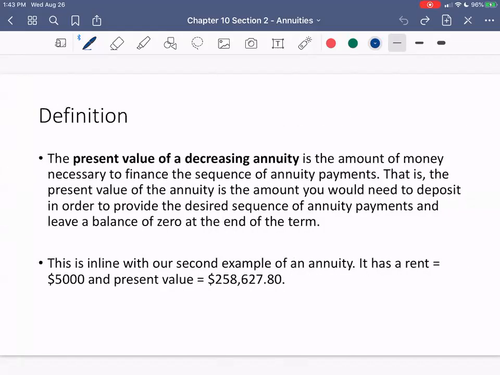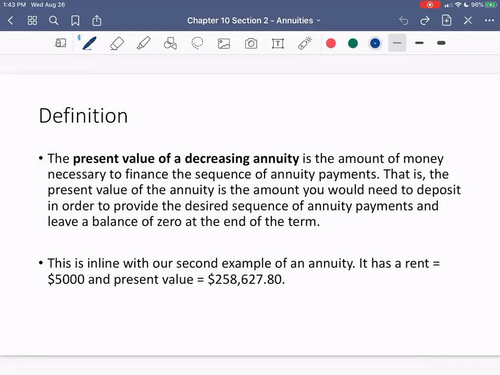Let's clear up the next definition. The present value of a decreasing annuity is the amount of money necessary to finance a sequence of annuity payments. That is, the present value of the annuity is the amount you would need to deposit in order to provide the desired sequence of annuity payments and leave a balance of 0 at the end of the term.